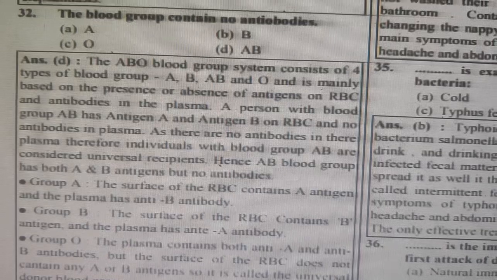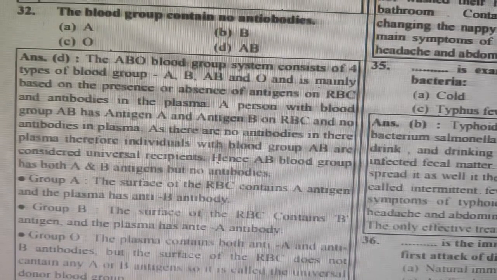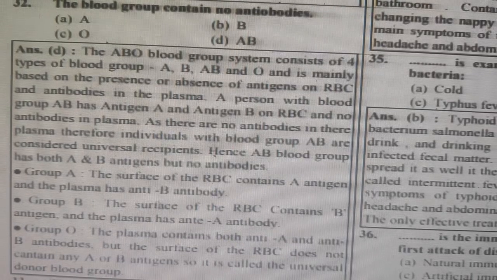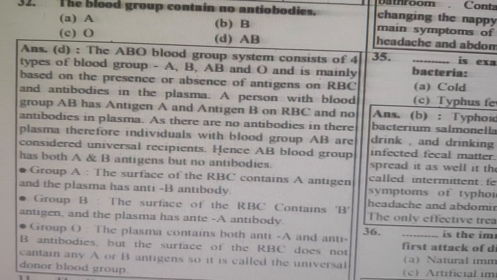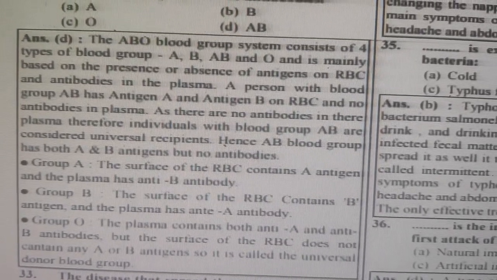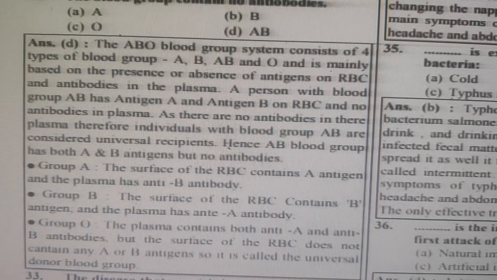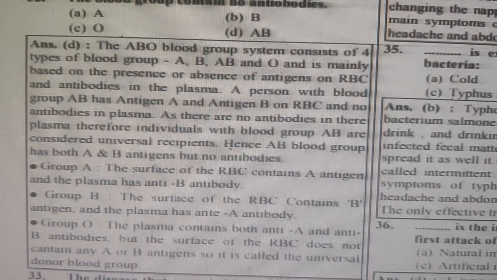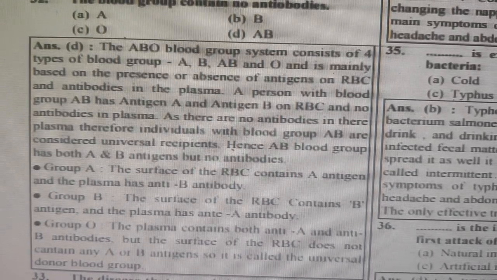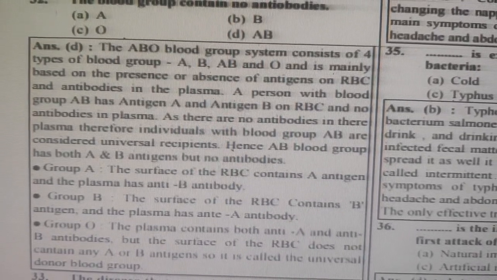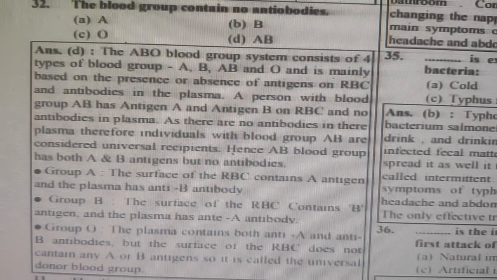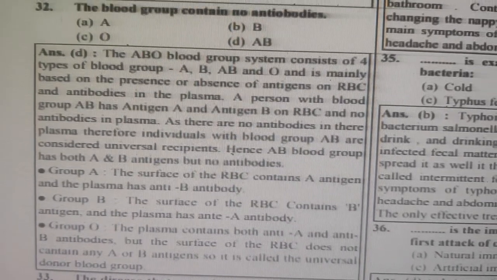A person with blood group AB has antigen A and antigen B on the RBC and no antibody in the plasma. Individuals with blood group AB are considered universal recipients. AB blood group has both A and B antigens but no antibody.